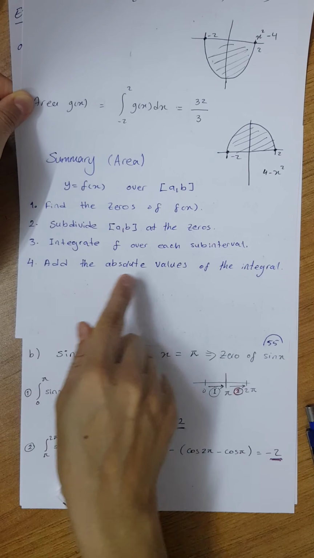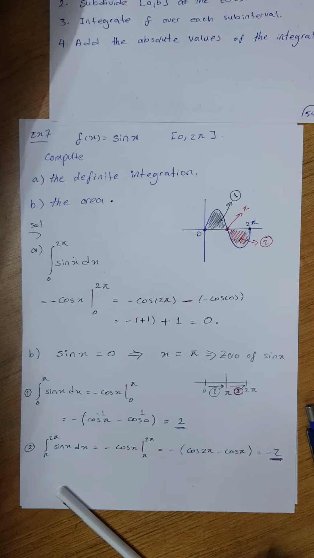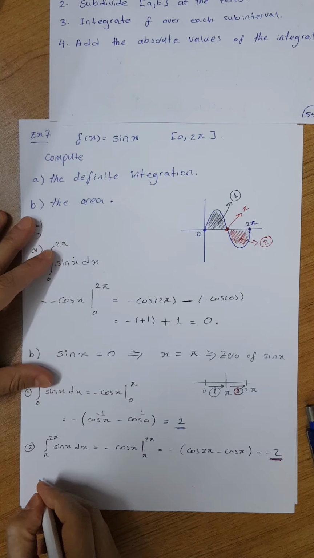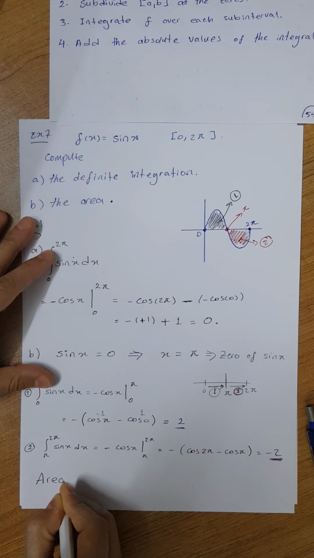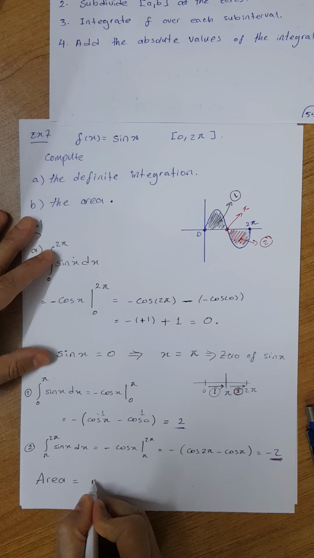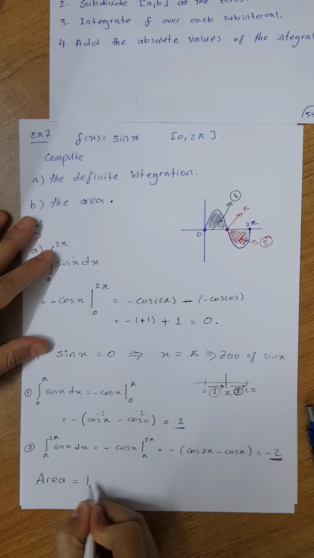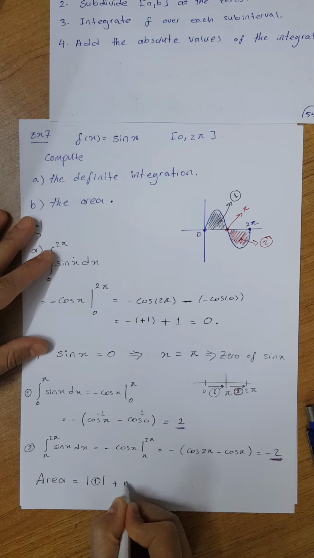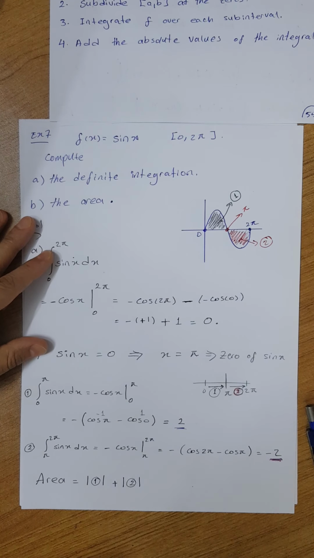Now we have to add the absolute values of the integrals. So area in general is equal to what? It is equal to the result of 1 in absolute value plus the result of number 2 in absolute value.